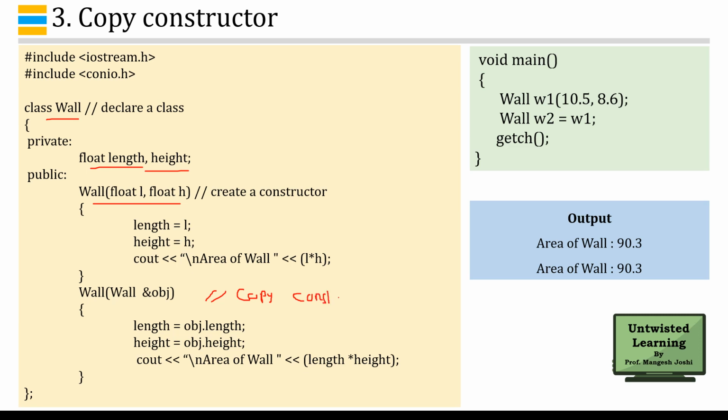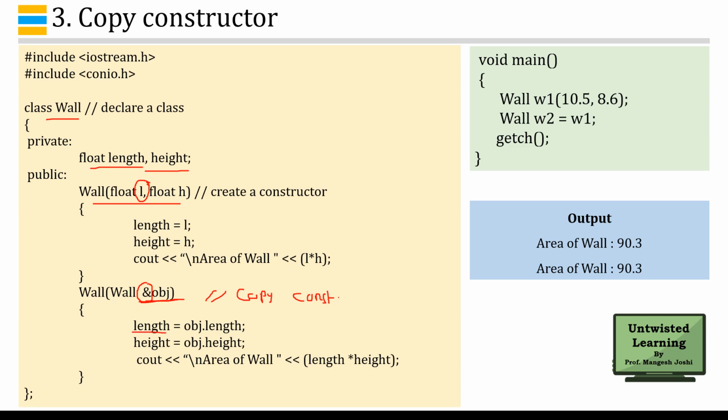Whenever you are copying any object, you need its address. That's why in this case the address of the object is collected. Here the value is collected directly, but in the case of a copy constructor, you need to collect the address, and the way to collect an address is to add this ampersand. So this is the copy constructor.